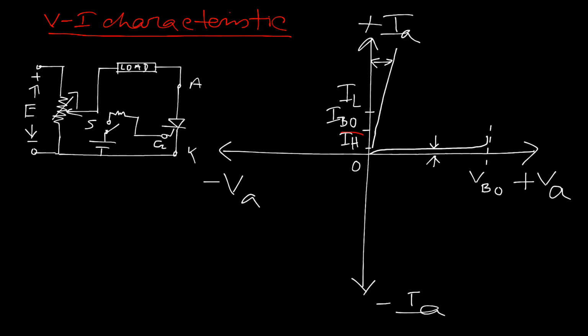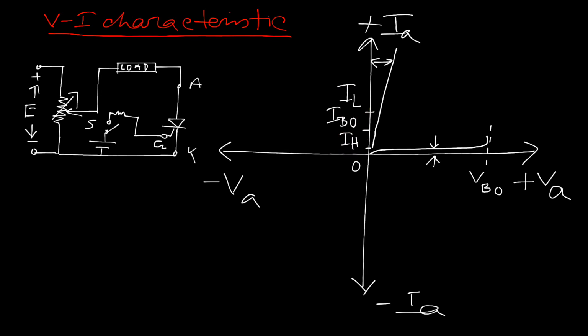Holding current is the minimum amount of current associated with the turn on process of the thyristor, and IL is associated with maintaining the conduction process of the thyristor. Both are actually very small in magnitude, but keep it in your mind.